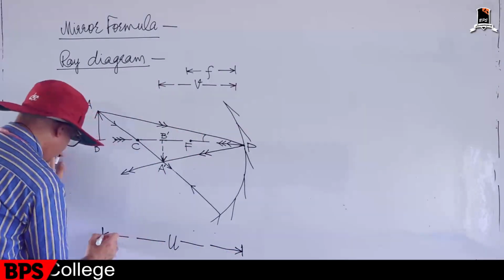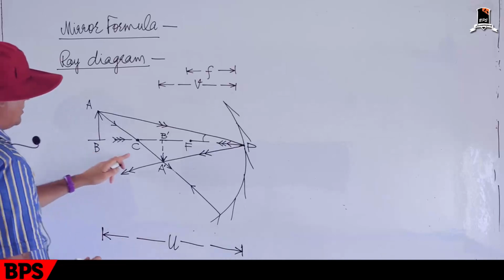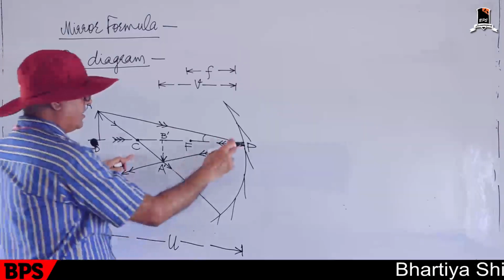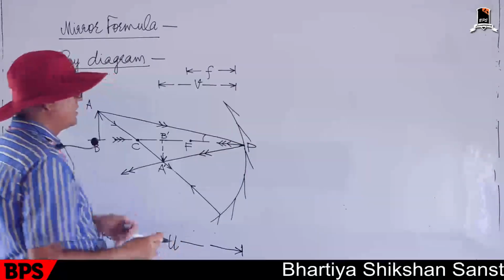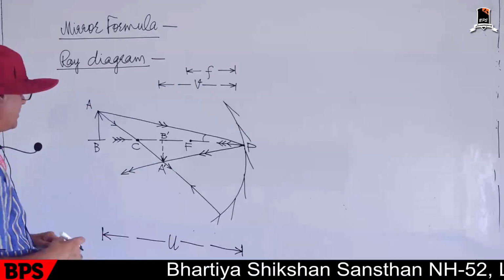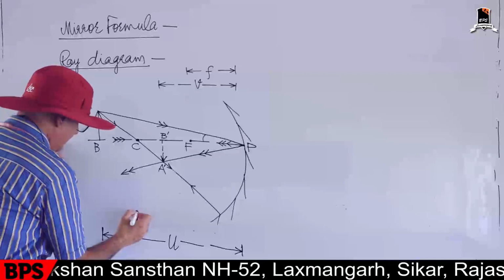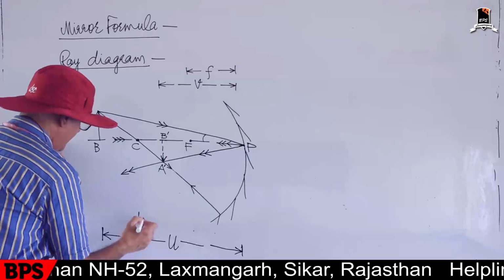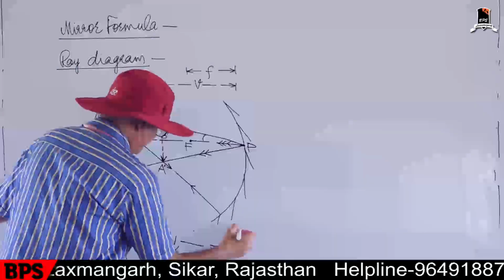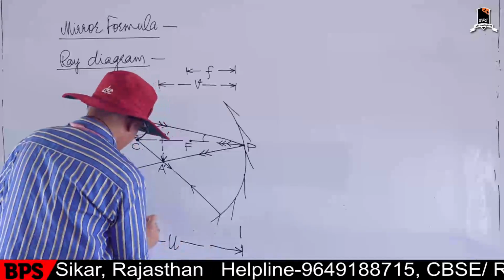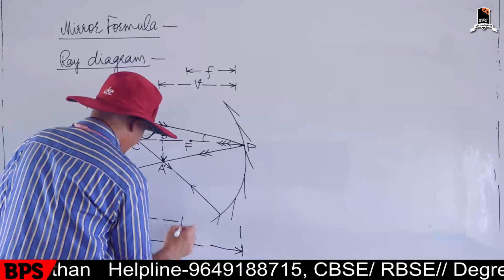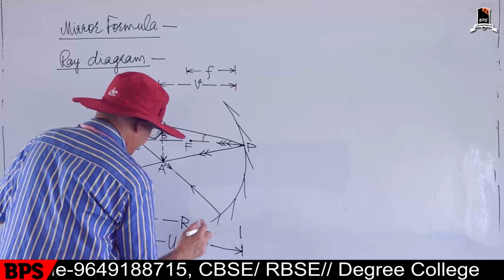And the fourth distance involved is center of curvature to pole distance, that is radius of curvature of this mirror. So this distance is from C to P, and call it radius of curvature R.